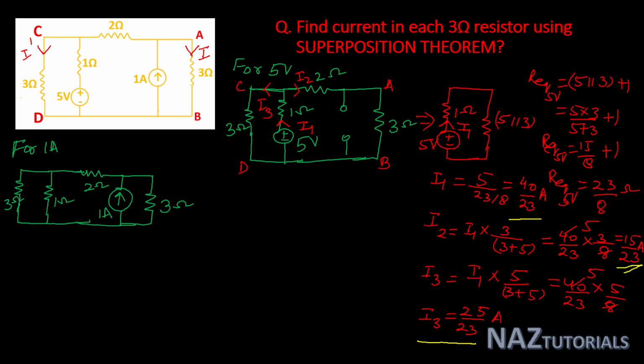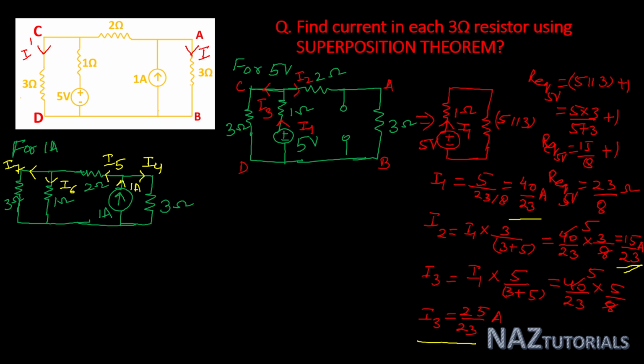So the current division we can assume this total 1 ampere current is divided in 3 ohm, that is I4, I5, I6 and I7.